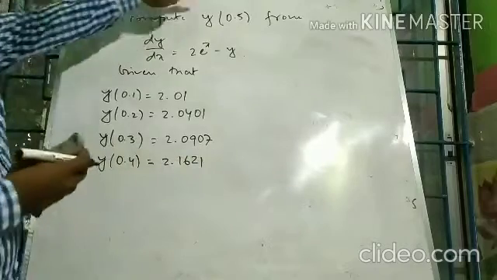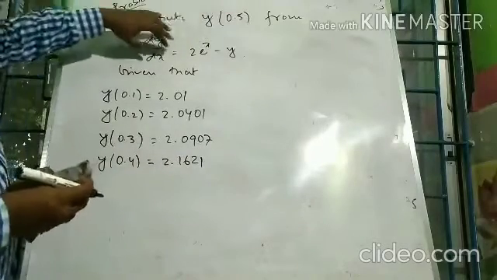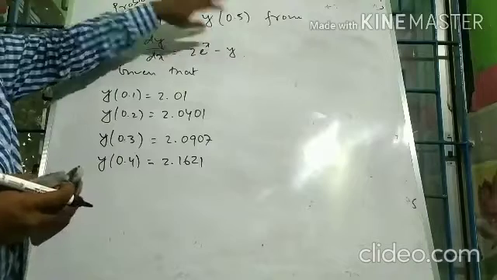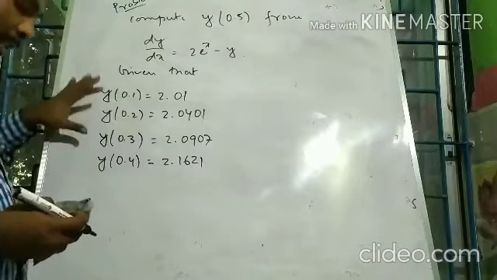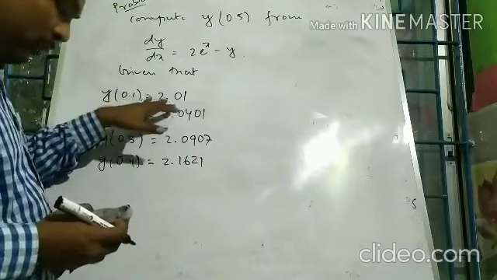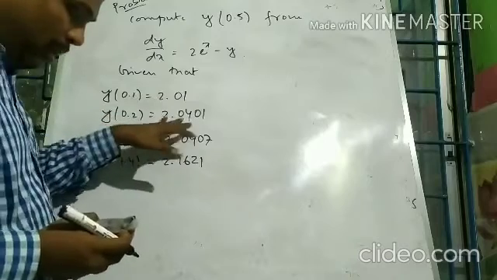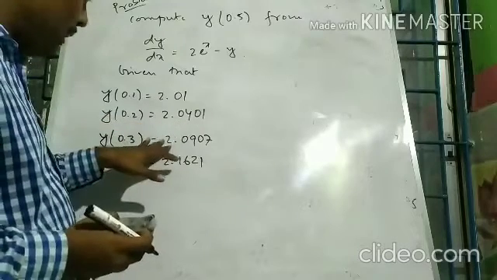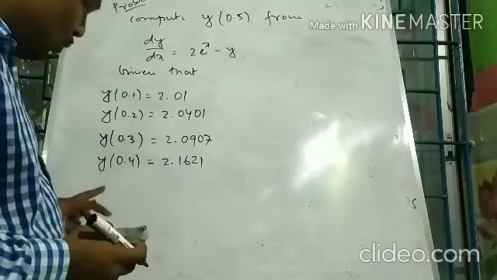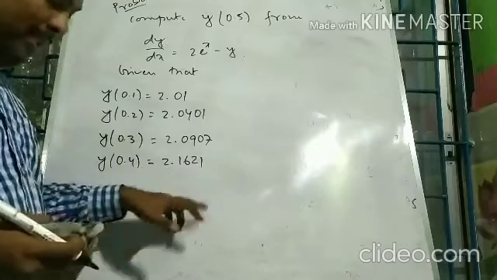Compute y 0.5 from the differential equation dy dx equals 2 into e to the power x minus y. These are the initial conditions: y 0.1 is 2.01, y 0.2 is 2.0401, y 0.3 is 2.0907, y 0.4 is 2.1621.